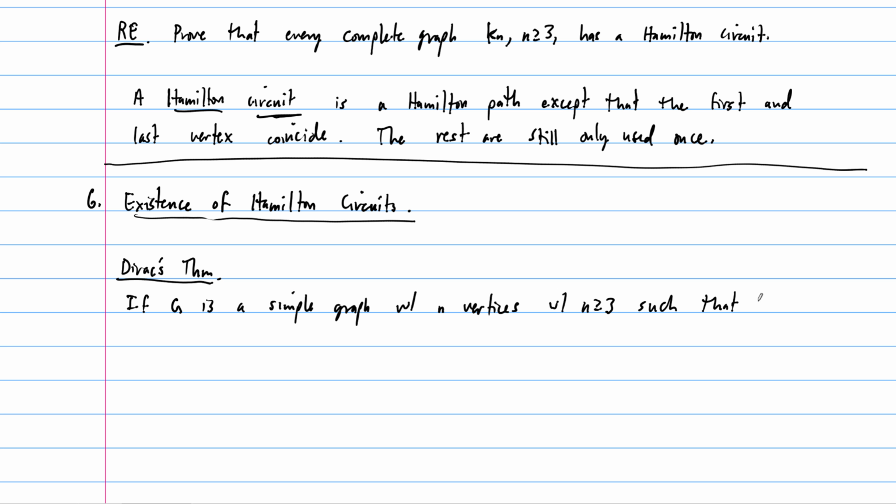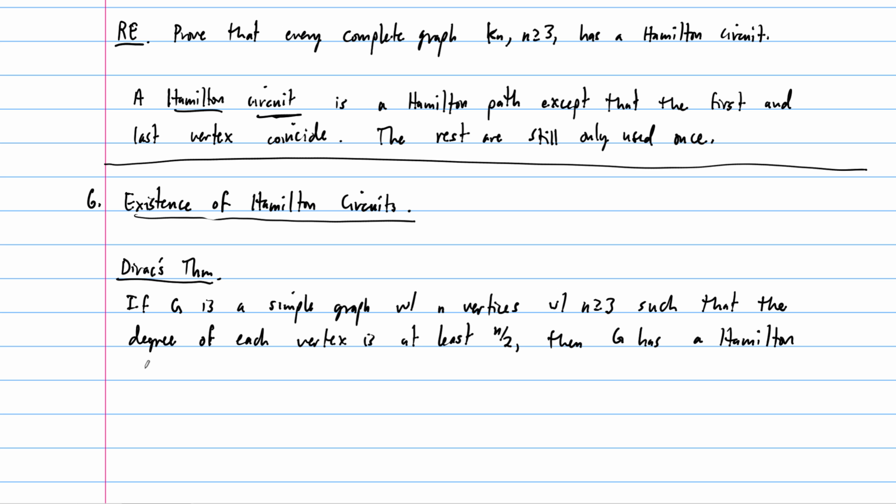But it's going to be a totally different result, such that the degree of each vertex is at least n over 2, all right, then G has a Hamilton circuit. So our G will have a Hamilton circuit at this point.